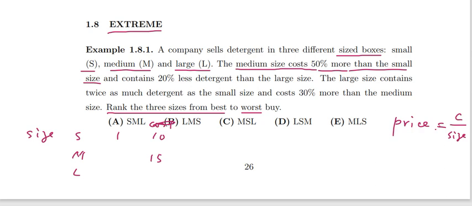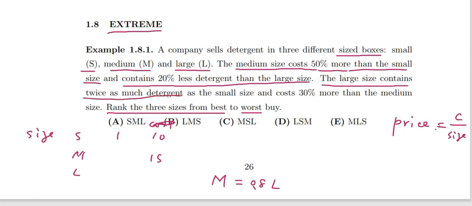And it says it contains 20% less detergent than the large size. So we can put the middle size equal to 80% of the large size, right? Okay. The large size contains twice as much as the small size. So if this is size 1, this is size 2, right?